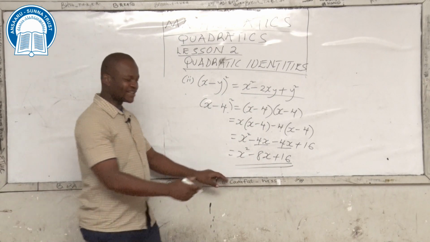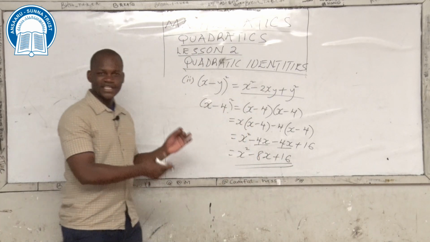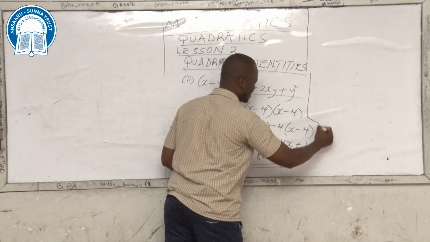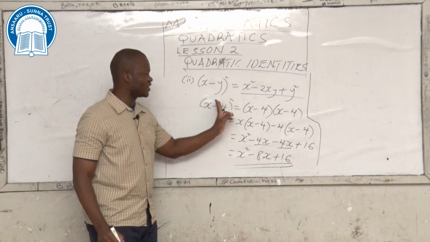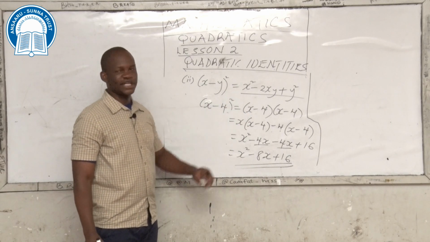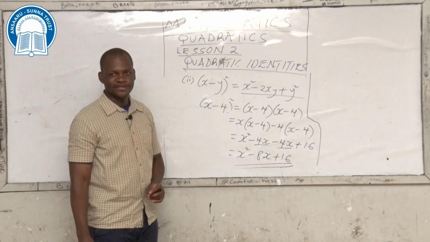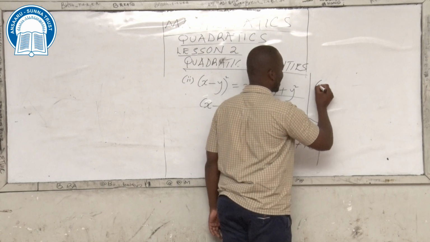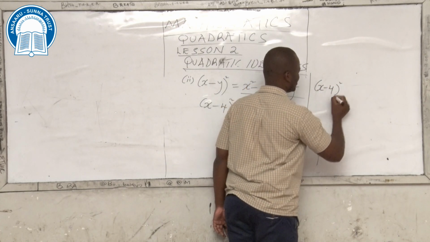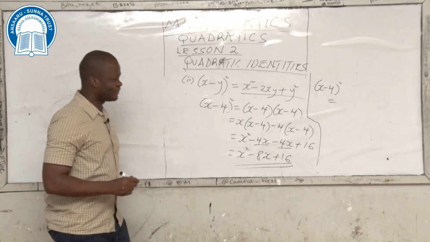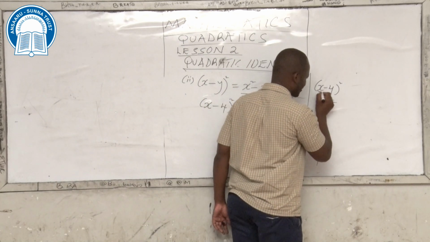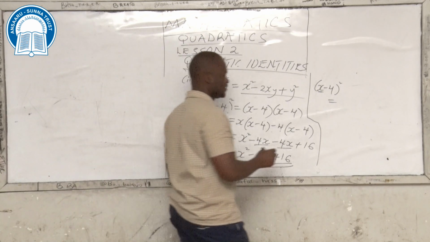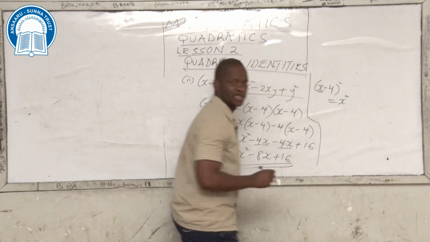We can arrive at the same outcome, taking minimal steps, by using the quadratic identity: x minus y squared is equal to x squared minus 2xy plus y squared. How can we achieve that? Very simple. Having done the first one, this should not be a challenge. We consider the first term in the bracket, which is x, then square that.